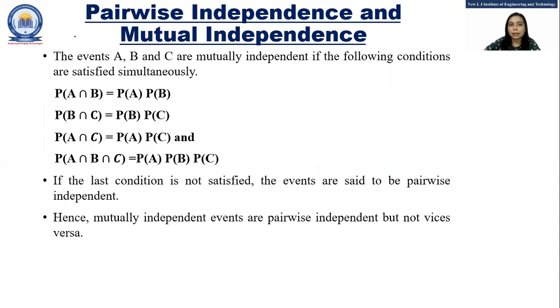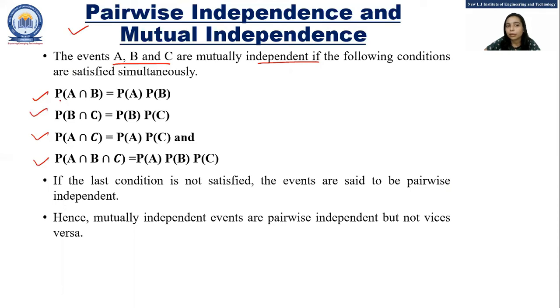Now let's discuss pairwise independence and mutual independence. The events A, B and C are mutually independent if the following conditions are satisfied.